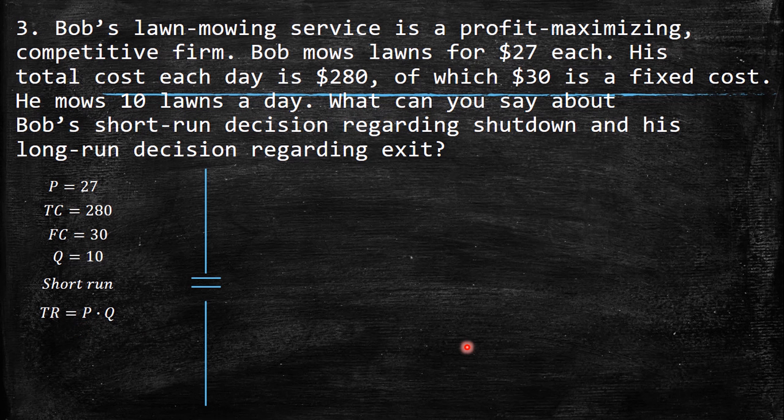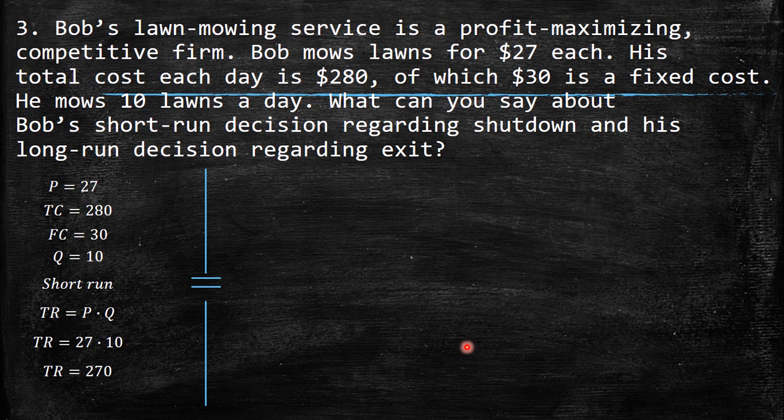So the total revenue of Bob is going to be naturally the number of lawns that he mows times the price. So it's going to be 27, the price that he charges, and 10, the quantity of lawns that he mows.